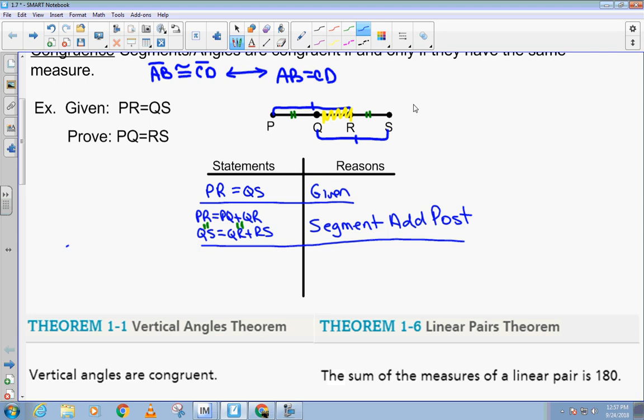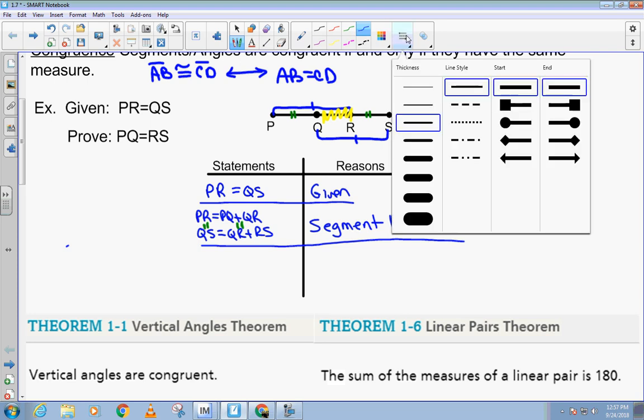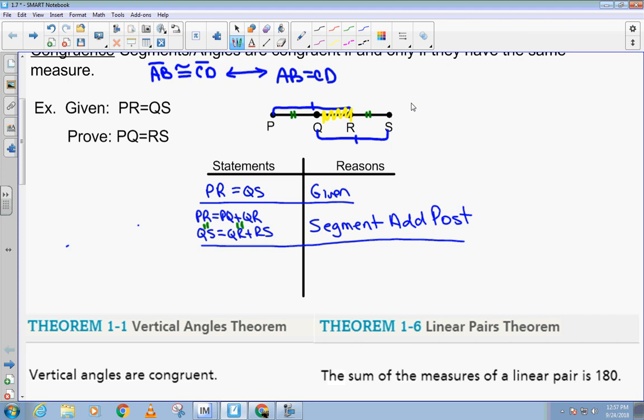So, we have, let's say, PQ plus QR equal to QR plus RS. What do you think that would be called? I heard somebody say something. Substitution. Okay. They might call it, speaking of substitution, they might call it transitive. I would take either one.